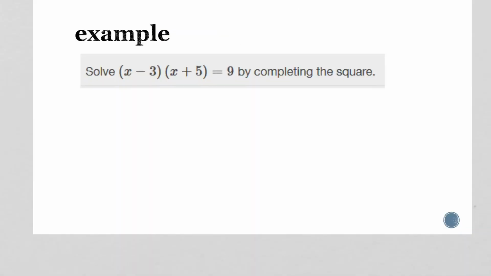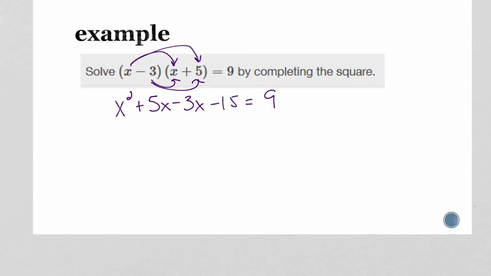Okay, so just like I said with the last one, they're not always written in a form that is good for us or works for us. So we need to multiply this thing out. So I get x squared plus 5x minus 3x minus 15 is equal to 9.